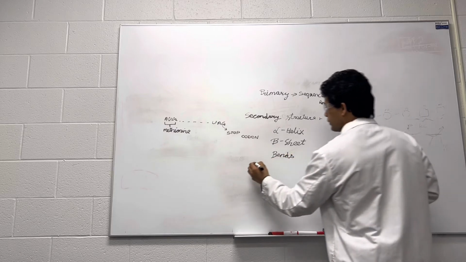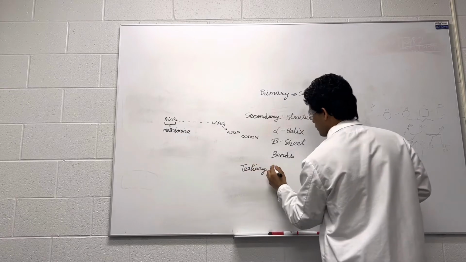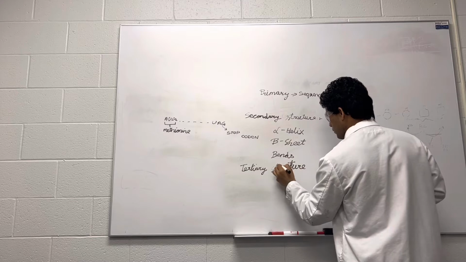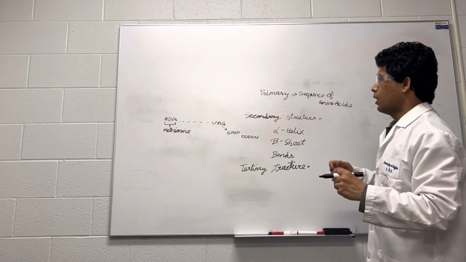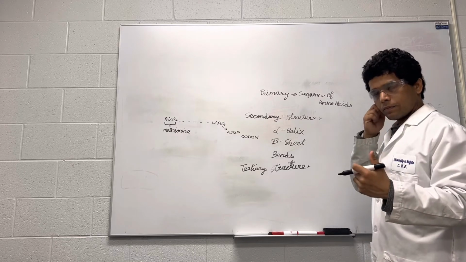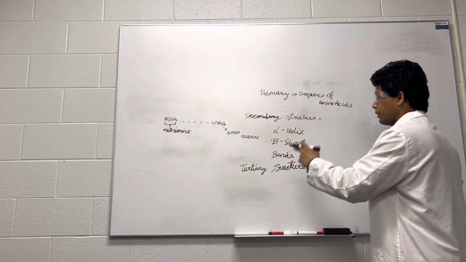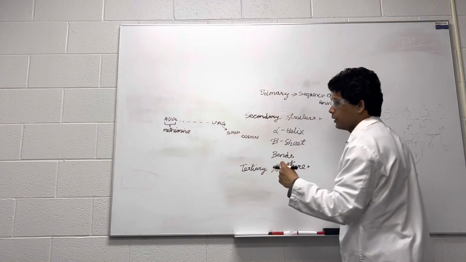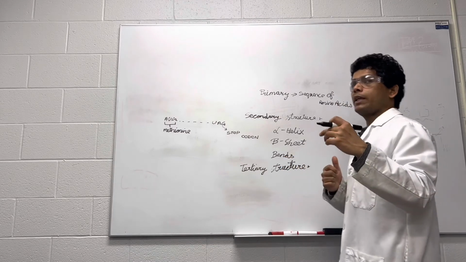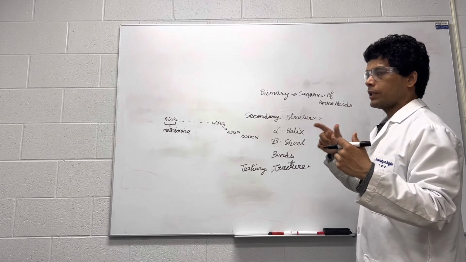And tertiary structure: every amino acid has a certain site. Tertiary structure is formed based on the interaction of these amino acids.